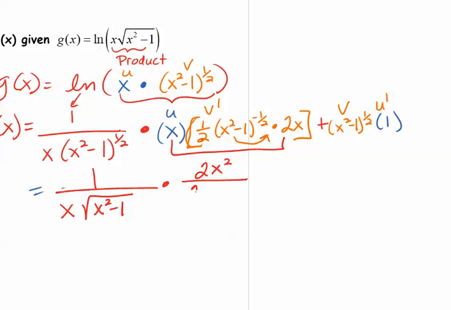And then we've got this 1/2, and this glob is to the negative 1/2 power, so let's move it down here. And then we've got to take our second term here, and that looks like the square root of x squared minus 1.